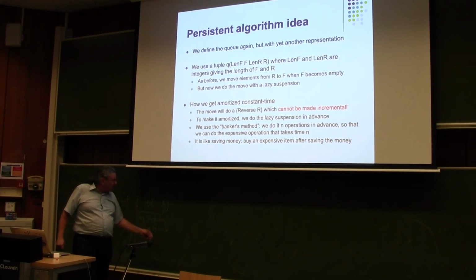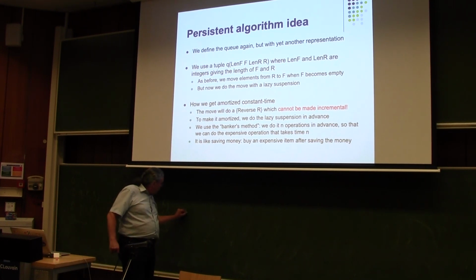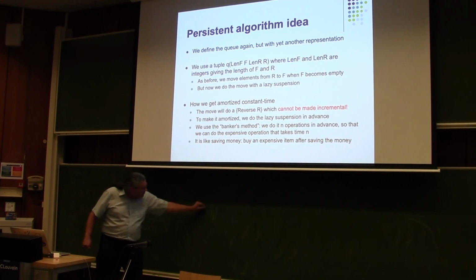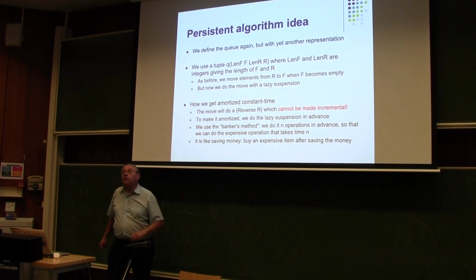Because the idea is very simple. If I do reverse 1, 2, 3, then the result will be 3, 2, 1. But if I want the first element of this, the first element is 3. But 3 is at the end of the list here.